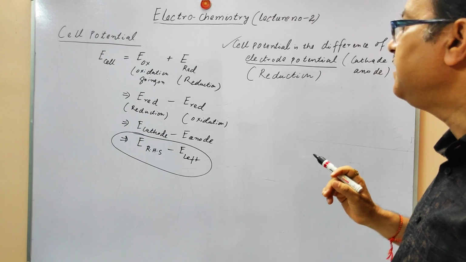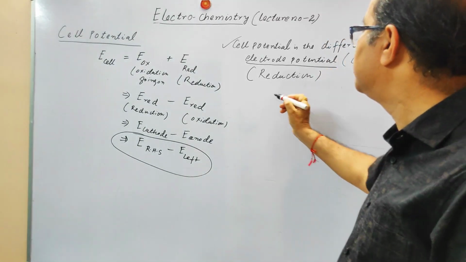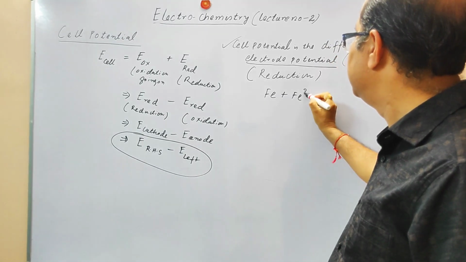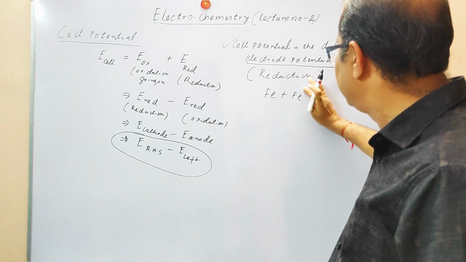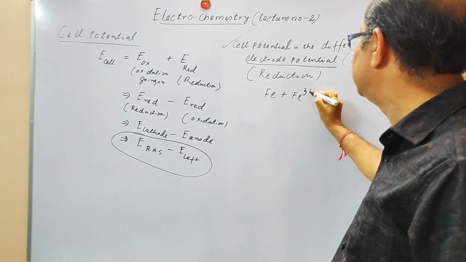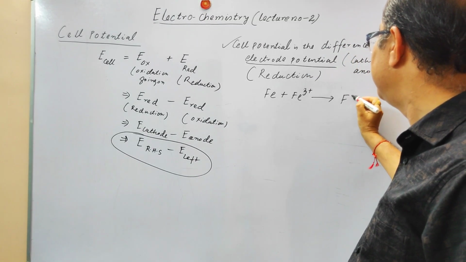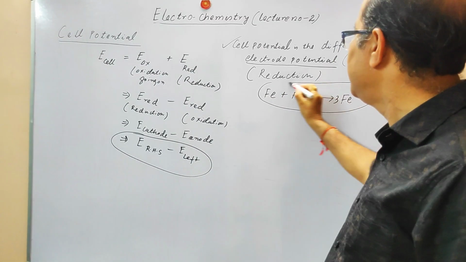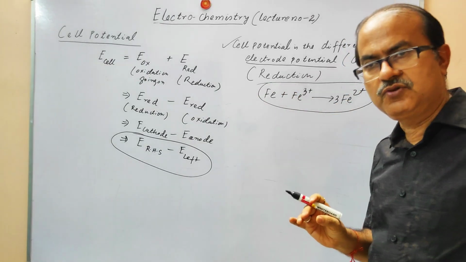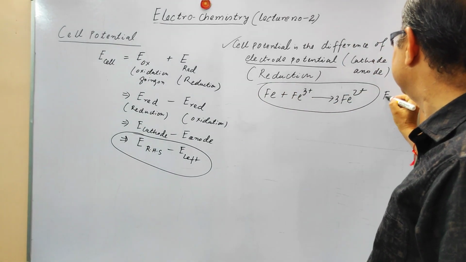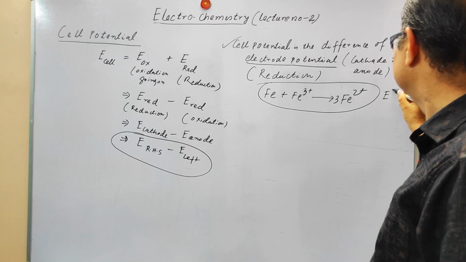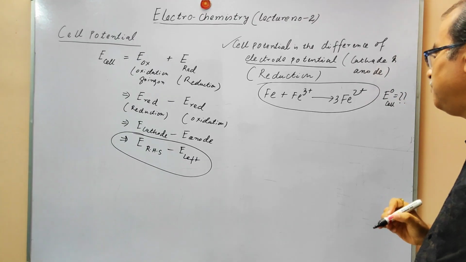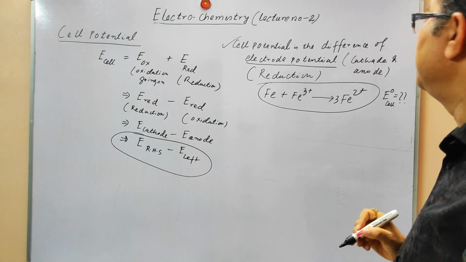One reaction I am giving, as this type of question will come. Suppose we are given one reaction, Fe plus Fe3 plus, that is charged, and it will produce Fe2 plus. You have to say what will be this electrochemical cell and what will be its cell potential.